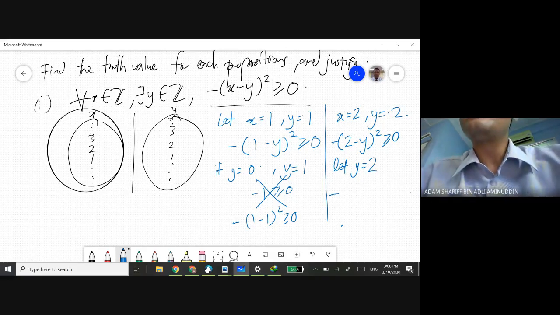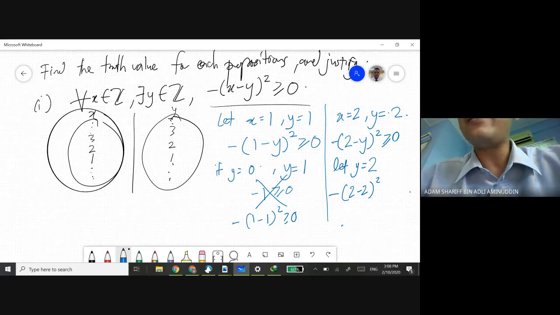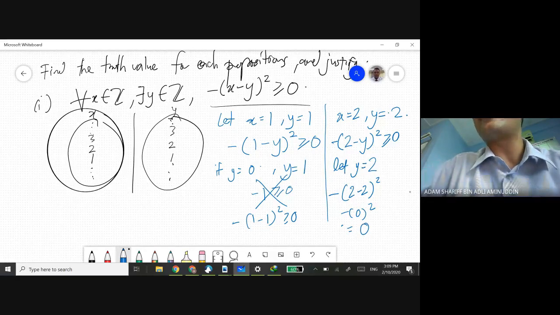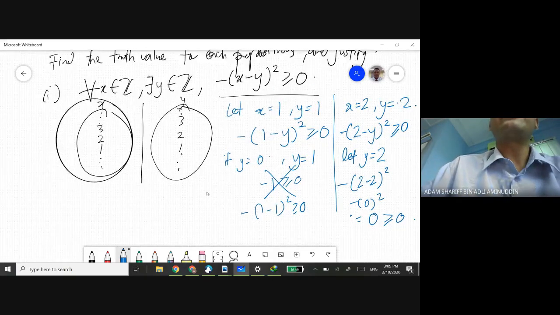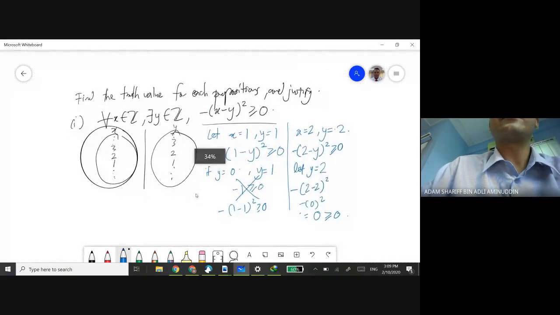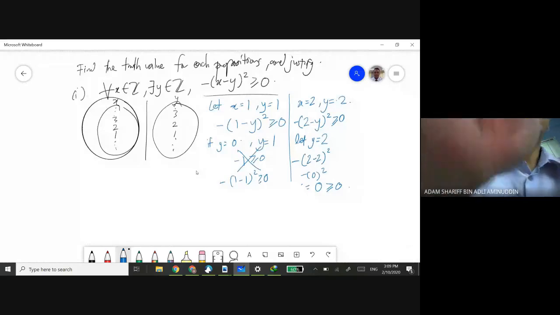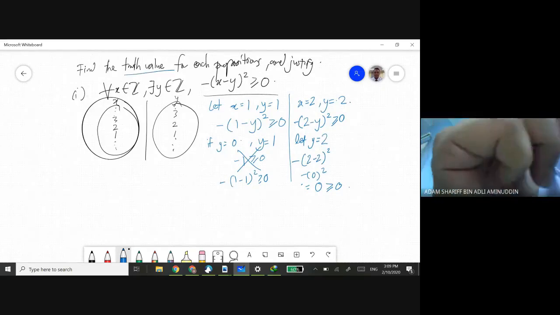Because 2 minus 2 squared, it will be negative 0 squared. 0 squared, 0, it will be 0. And 0 is larger than 0. For this question, the true value, okay, we answer the true value first.